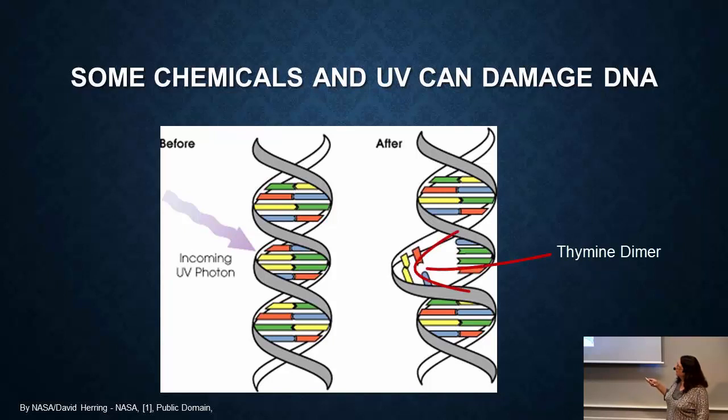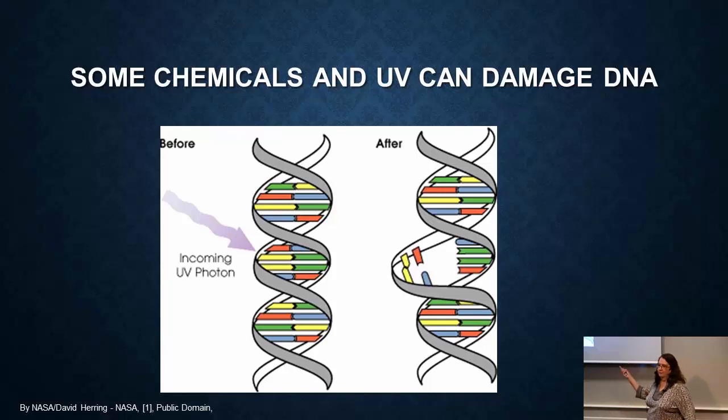So instead of being linked across, as it should be, they become linked to each other. And that creates a problem in the DNA. When it fixes that problem, it's very likely to put a mistake in there because it doesn't know what the right base pair was. And so that causes mutations. And that's why you should wear sunscreen, so you don't get a lot of mutations.